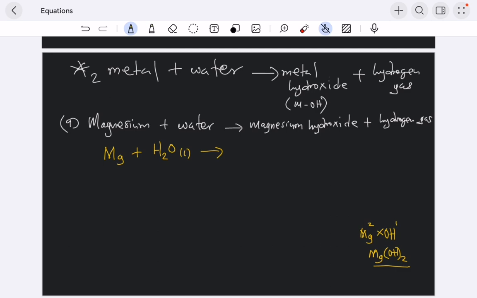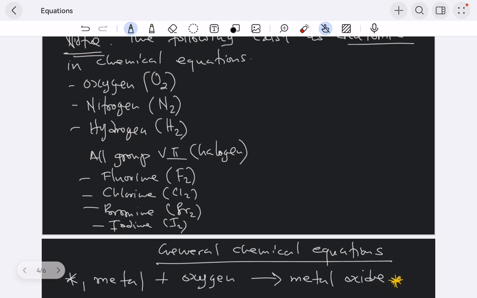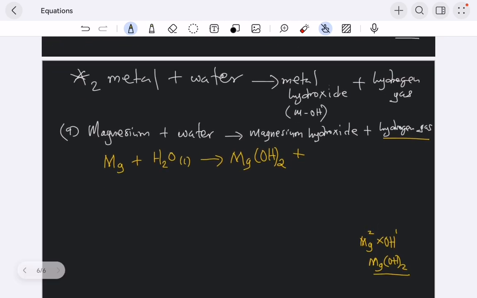So this is magnesium hydroxide, Mg(OH)2, plus hydrogen. Remember, hydrogen is diatomic, so we write plus H2. So that is the chemical equation.